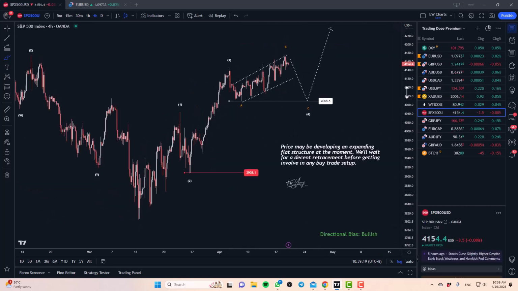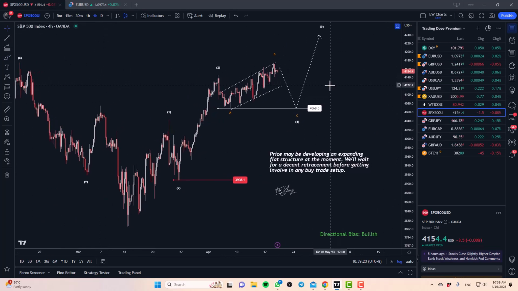And then we have the S&P. Over here, we are overall bullish on that, but my suggestion is to maybe wait and see if you can get a decent retracement first. The reason is because this is very, very corrective in nature, and I don't think it would just keep going, right? Every time you see a pattern like that, there's a good chance we'll get a retracement before the push.